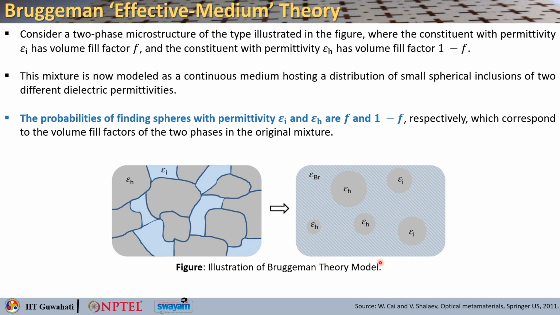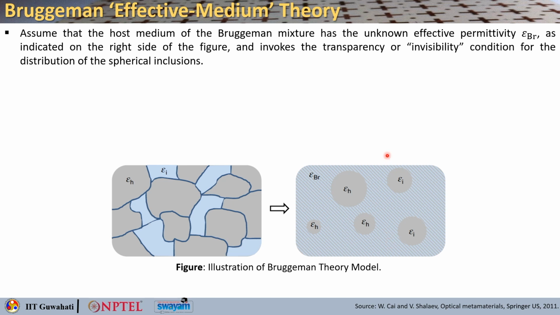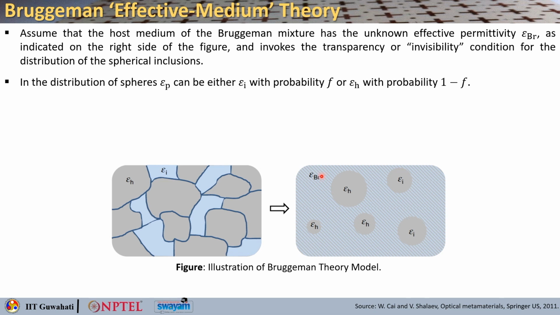So, this is where things vary from the previous case to this Bruggeman case. So, let us assume that the host medium of the Bruggeman mixture has an unknown effective permittivity, epsilon Br, that we are supposed to find out, and that will give you the transparency or invisibility condition for the distribution of the spherical inclusions, right.